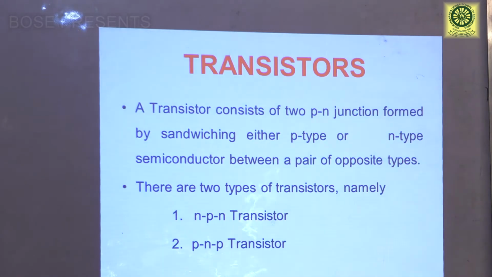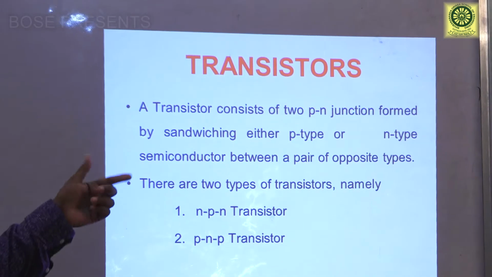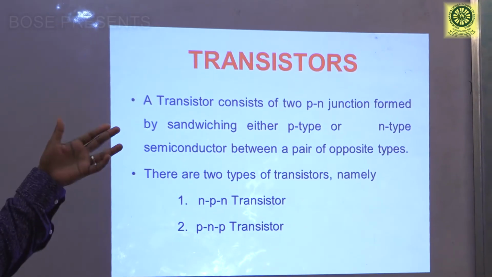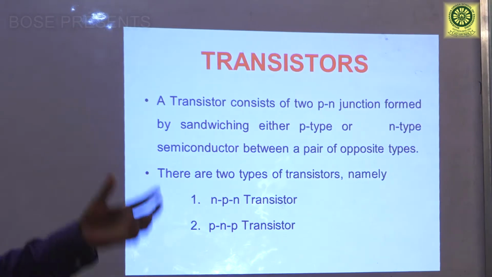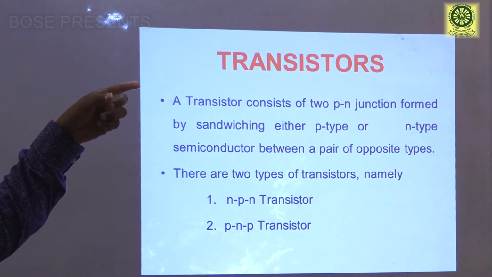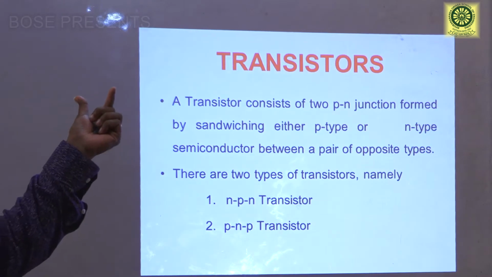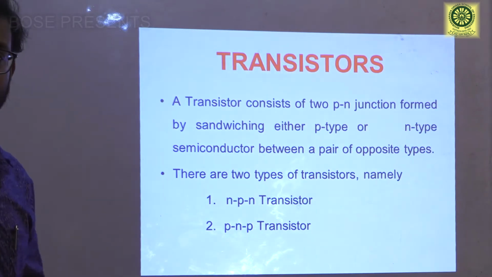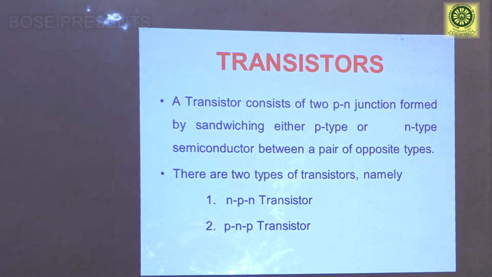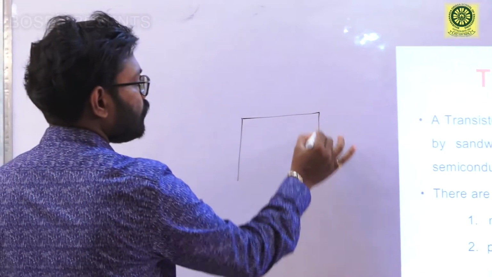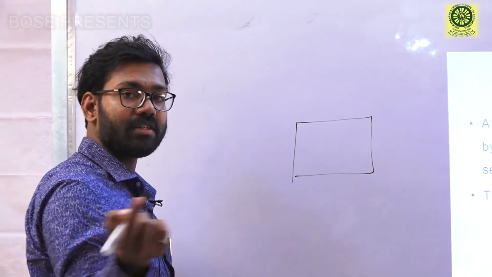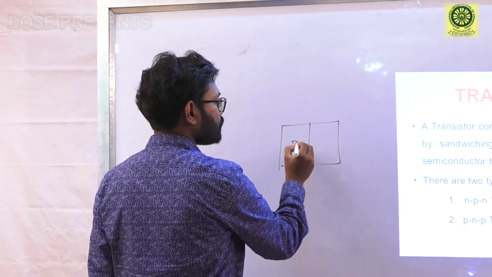So first of all we should know what a transistor is. A transistor has two PN junctions formed by sandwiching either P type or N type. Before that, just look at the board here. Before going to the transistor, we have already studied the PN junction.